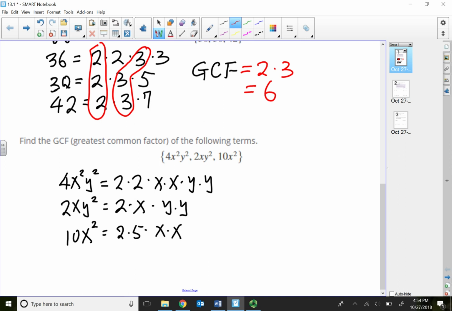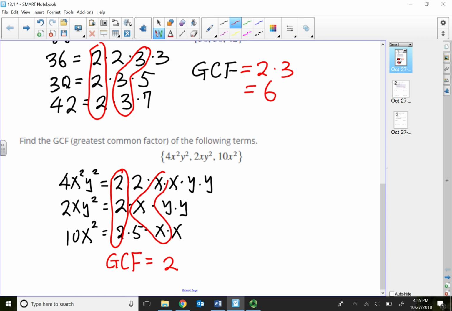Remember, the greatest common factor is looking for the repeated factor between all the terms. I see my factor 2 repeated between all 3 terms, so we count it one time. This other 2 did not repeat, so we cannot count it. 5 did not repeat with the other terms, so we cannot count it. Let's count x.